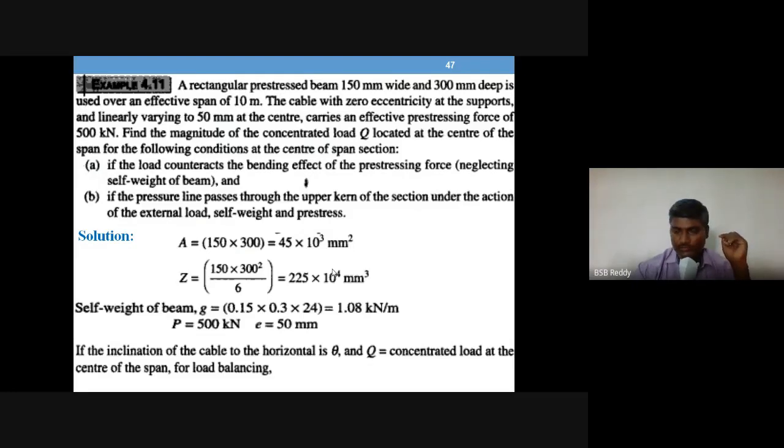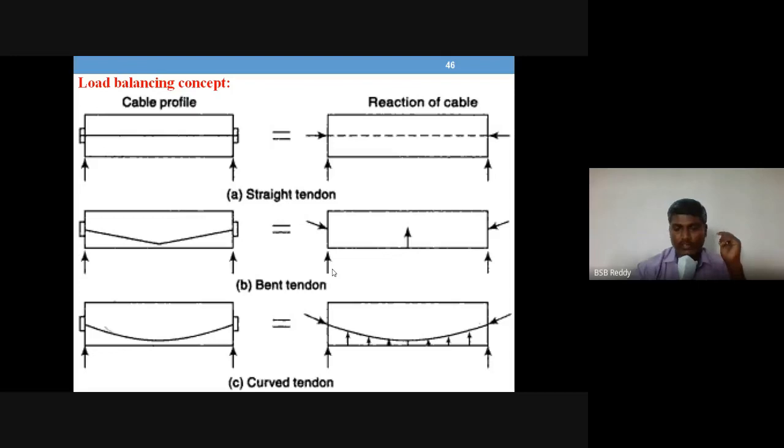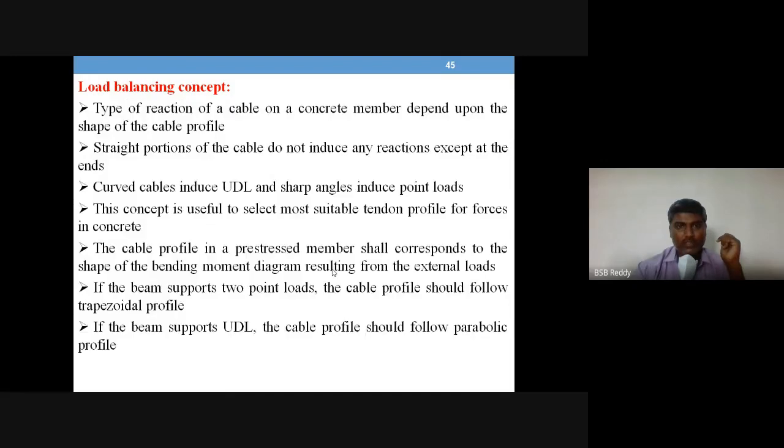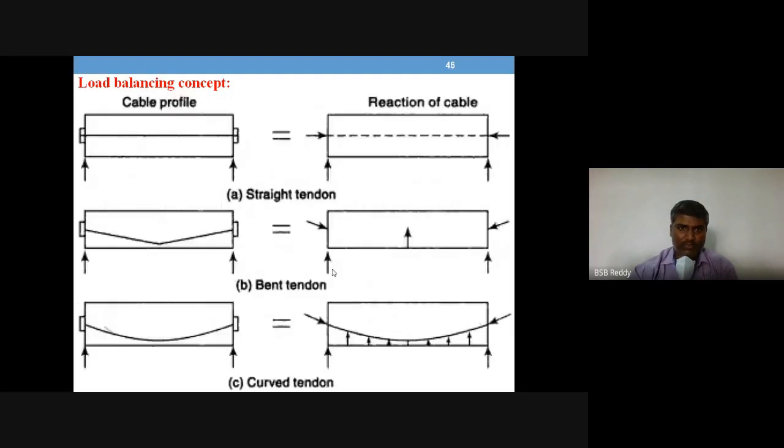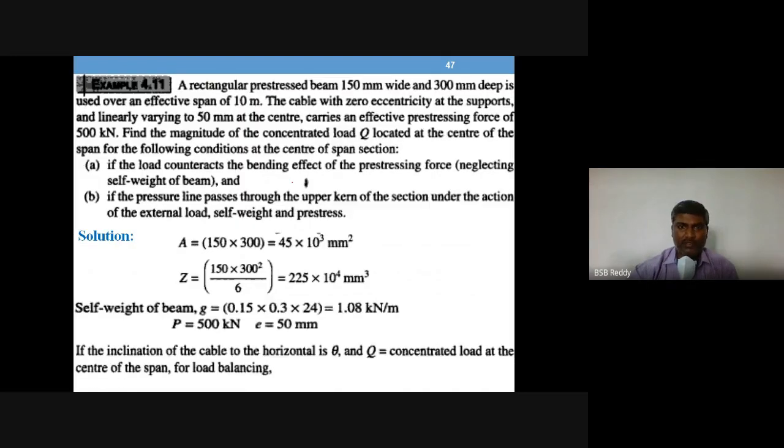Let us proceed with the example problem solutions, because last session we talked about this load balancing concept: to balance the external loads, which type of cable profile is to be followed and how that cable profile is going to resist was presented to you in the last session. Now in this session, let us apply this concept to some examples.